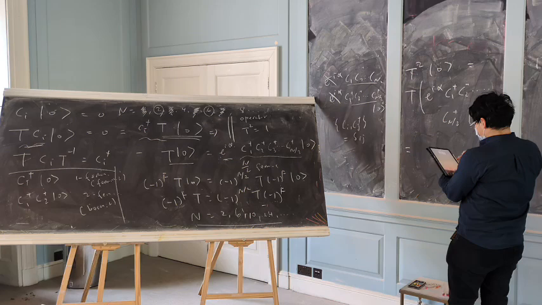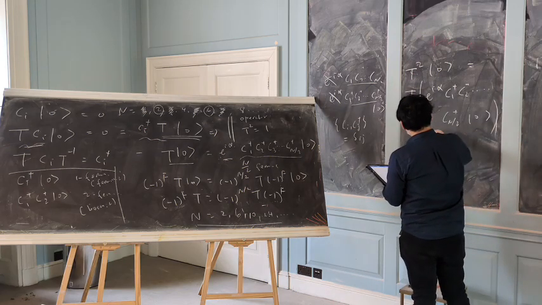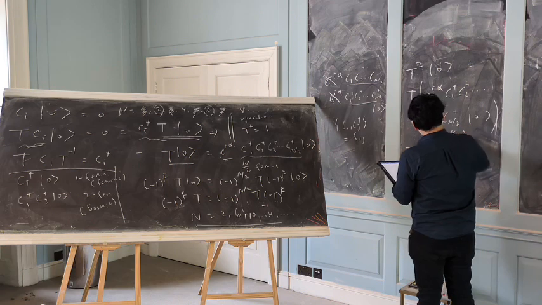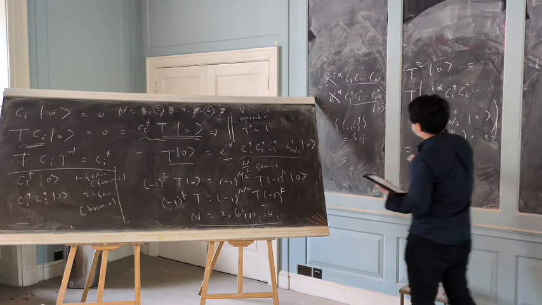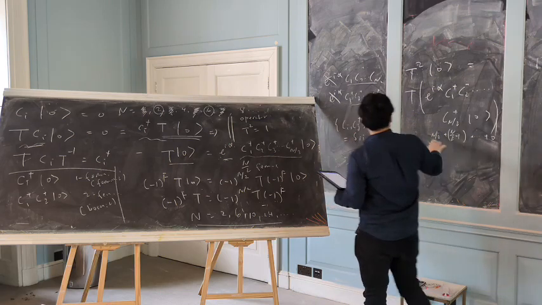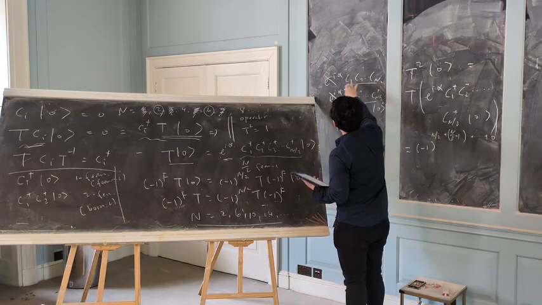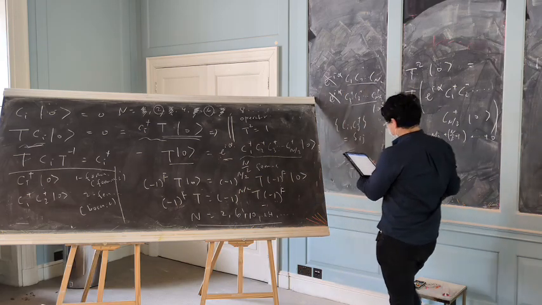And then you'll find out you got a sign, which is minus 1 to the power over 2 plus over 2. Well, this is a bit tedious. Over 2 minus 1 plus 0. The first over 2 is because we have to move the CI dagger past that many fermions.